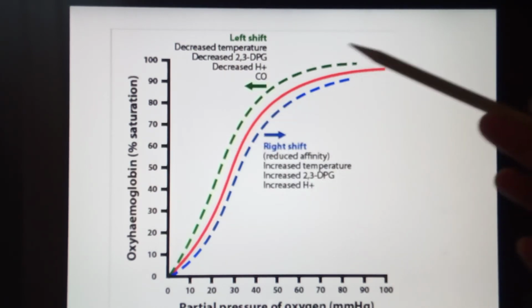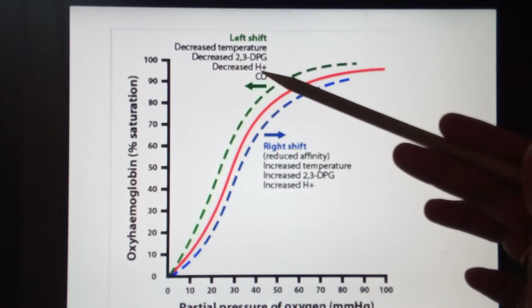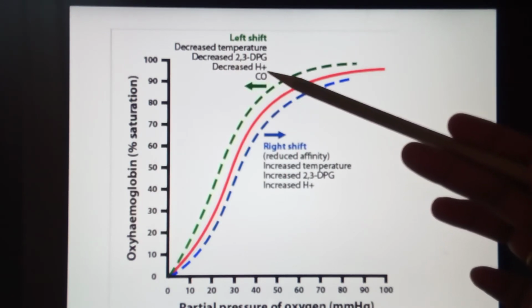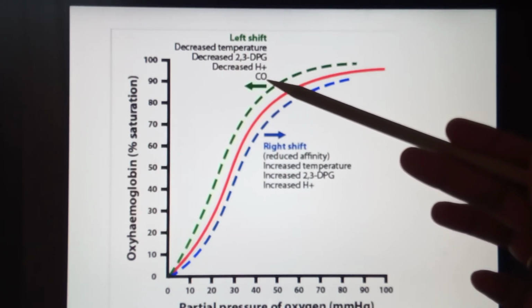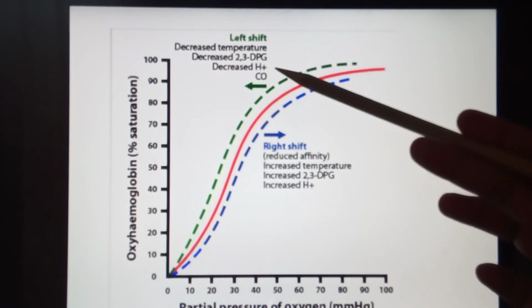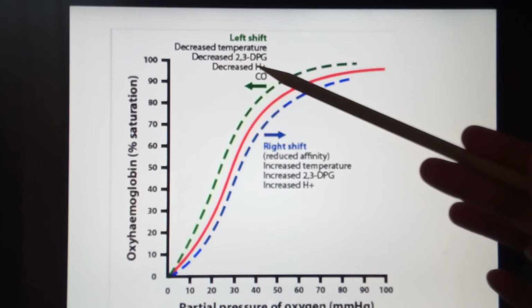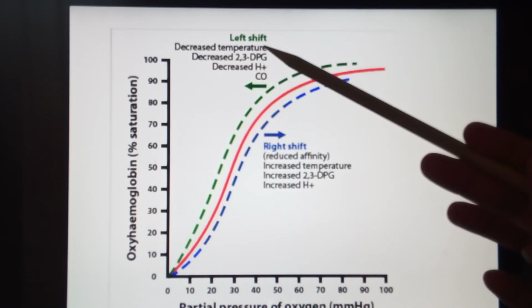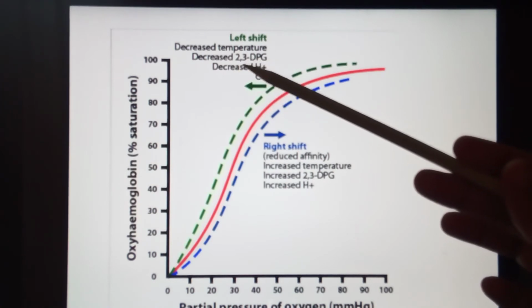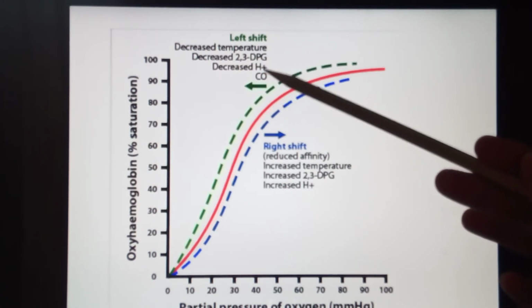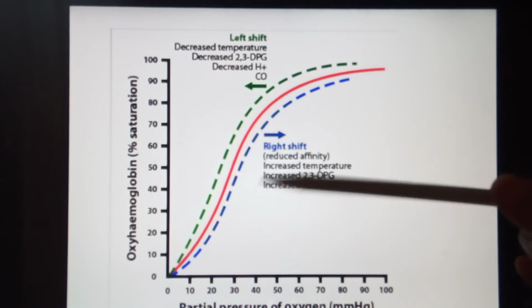The green represents that the partial pressure of carbon dioxide is very low in the lungs, and there is a higher partial pressure of oxygen. When carbon dioxide decreases, H plus ions also decrease, temperature decreases, and 2,3 DPG decreases. So the graph shifts left.